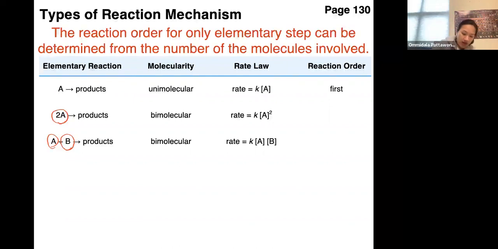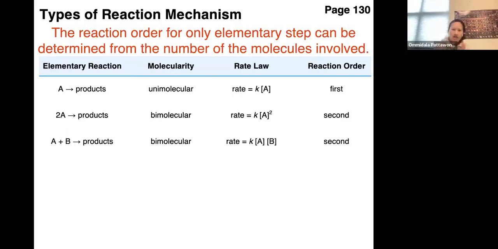Since it involves two molecules of A, it's going to be [A] squared. Since this one involves A and B, it's going to be [A] times [B]. That means these two are second order, because one involves two of A and the other involves one of A and one of B.